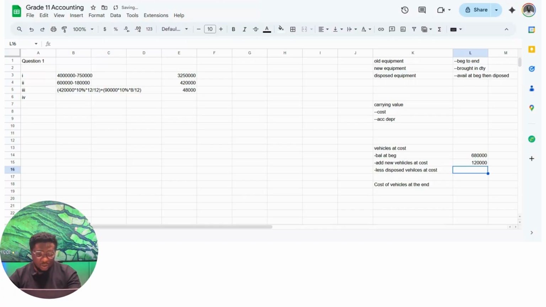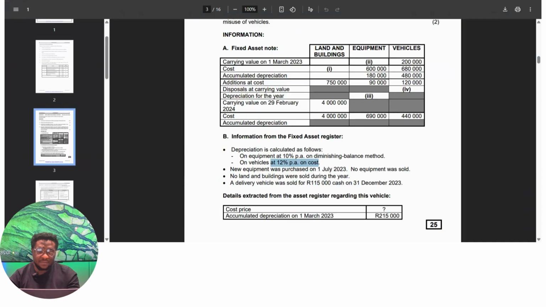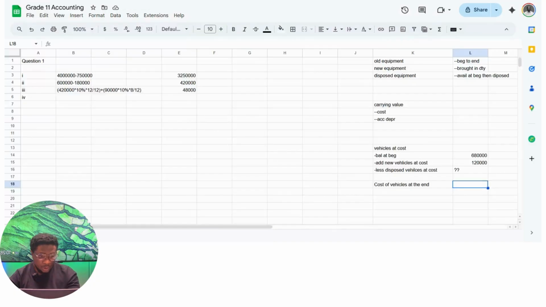And then after that, we're going to subtract the disposed vehicle, which is basically the question in this case. What is the cost of the vehicle that was disposed? So that remains a question mark. And then we look at the cost at the end for vehicles, which, as you can see there, is given as 440,000.